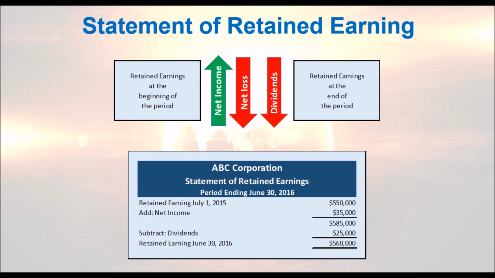And in this period, 25,000 was given out as dividends to the shareholders. So you're left with a retained earning as of June 30th of 560,000. So basically the retained earning has gone up by 10,000 because you made 35,000 as income and you gave out 25,000 as dividend.